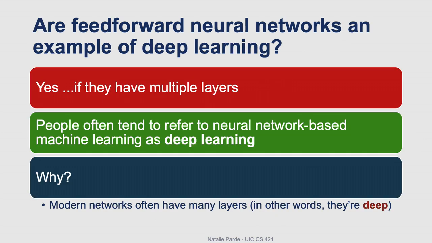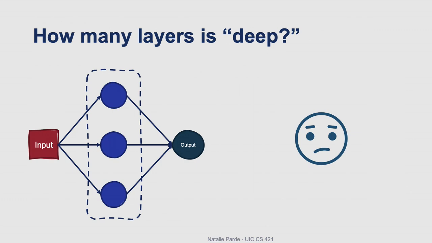You've probably heard about neural networks before, and you've probably also heard about deep learning, and now you might be wondering whether neural networks and deep learning are the same thing. The answer is basically yes. People generally refer to neural network-based machine learning as deep learning because modern neural networks often have a lot of layers. Beyond that, the definition is a little hazy.